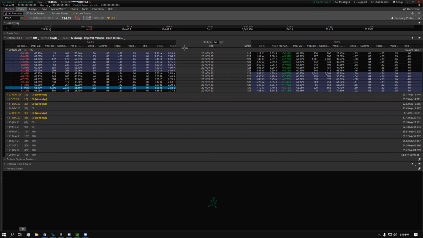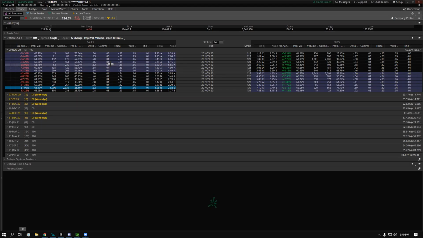The further in the money you go, the less your gamma increases. So you don't necessarily want to buy far in the money contracts because they won't actually be worth as much more. You have a much better return on investment if you buy near the money contracts, something like the 125, 126, or a bit further out of the money.